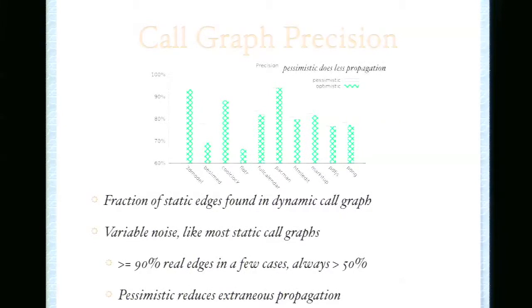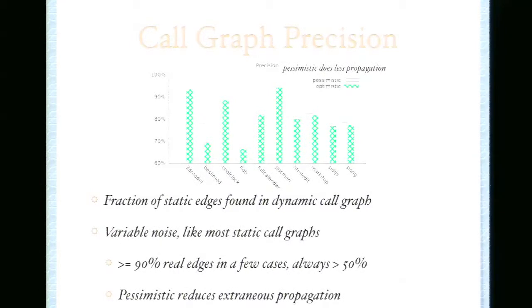Now, one thing to keep in mind, there's optimistic versus pessimistic, and it's hard to see the pessimistic bars anyway, so maybe I'll just ignore it. But basically, pessimistic is a way of cheating even more, of even certain interprocedural propagations, we're just going to decide not to follow because it's cheaper not to. So that will tend to cause us to miss more stuff.